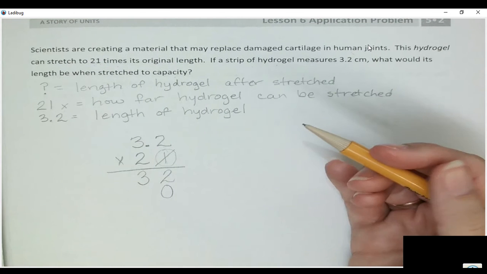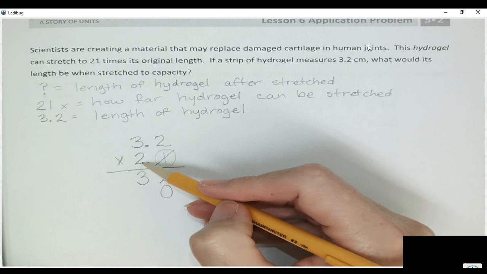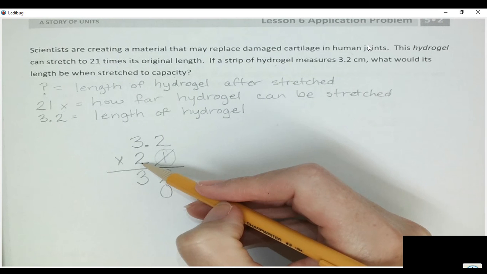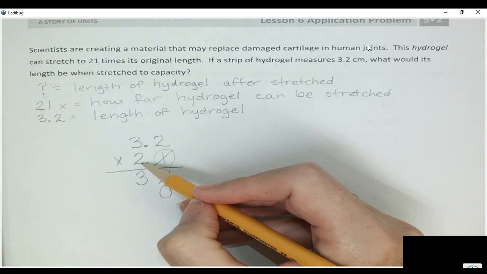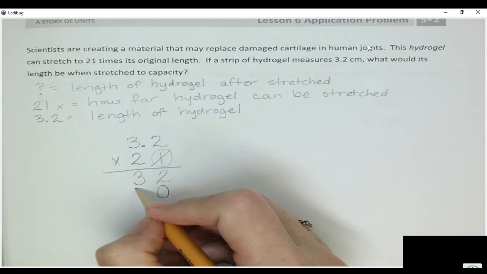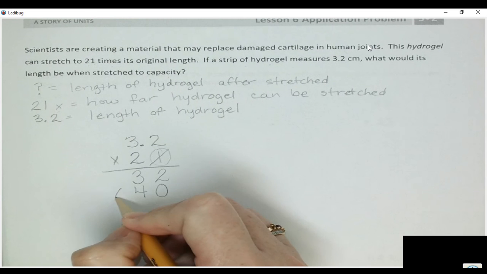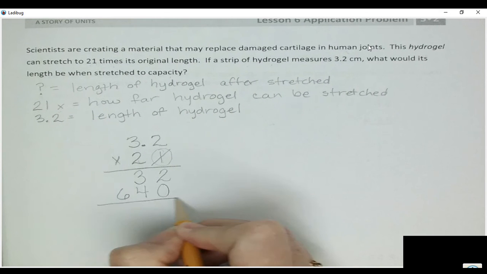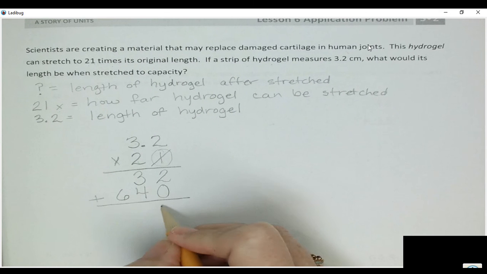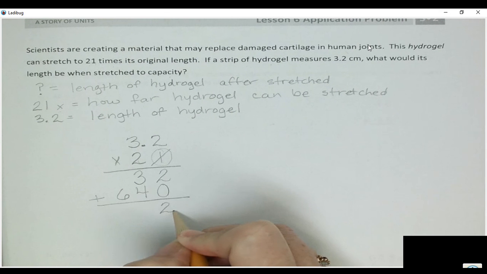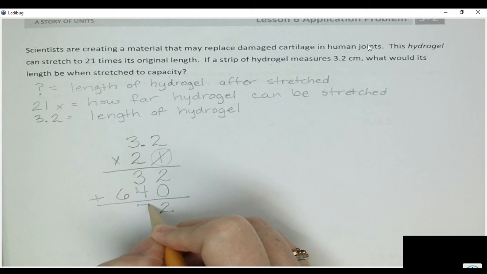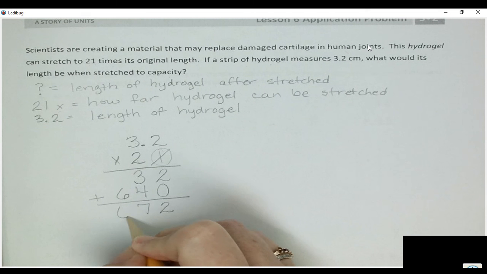And now I'm going to come over to the 2 that's in the tens place. So 2 times 2 is 4, and 2 times 3 is 6. I'm going to add those partial products together. 3 and 4 is 7, and 6.